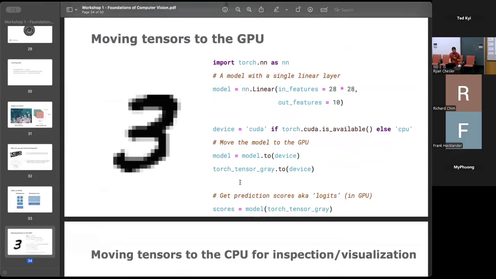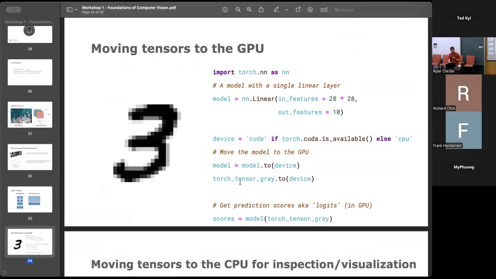So one thing to be careful with the PyTorch stuff is that you need to make sure that your data and model and whatever you're doing is always on the same device when you're trying to do operations between them. It won't just automatically transfer for you.